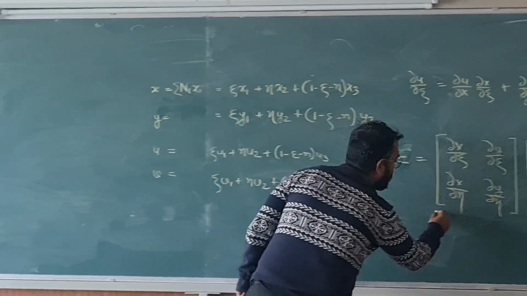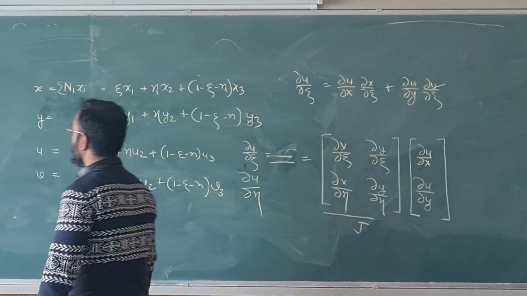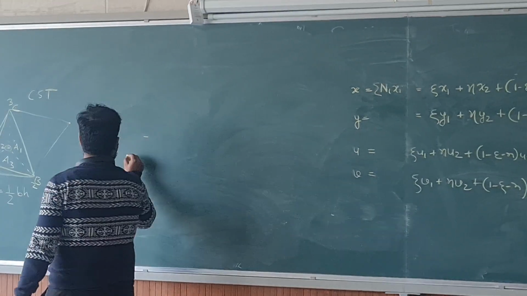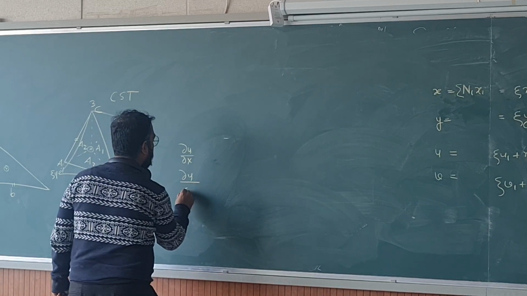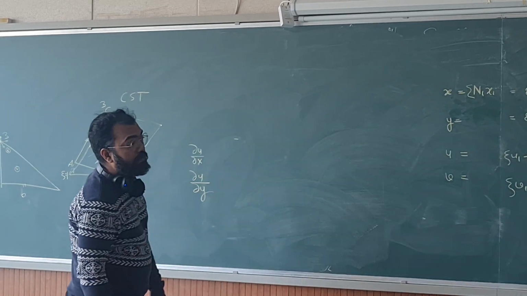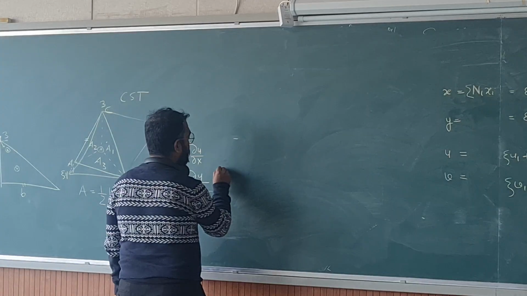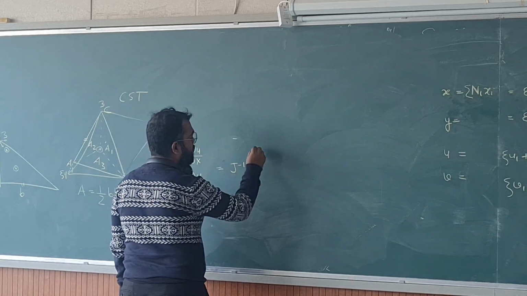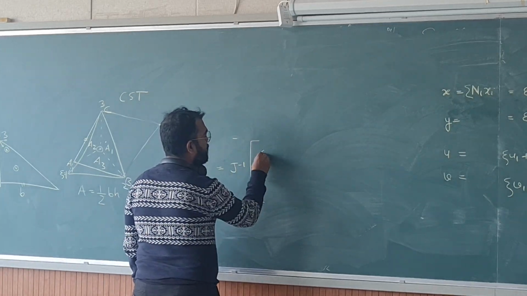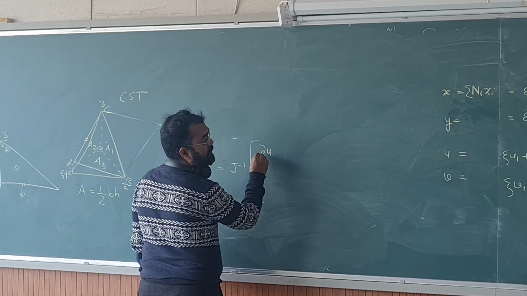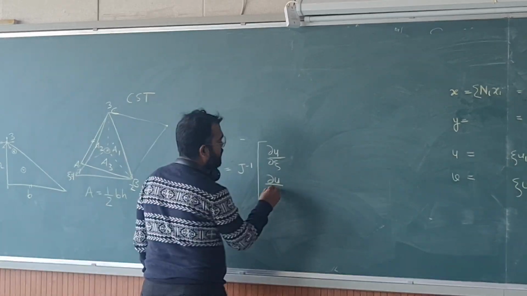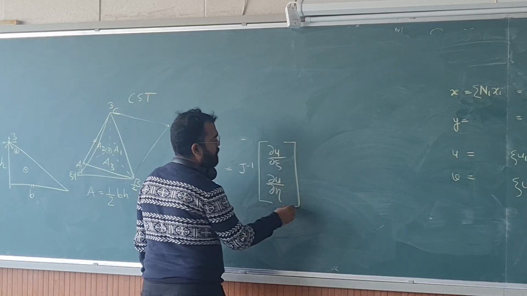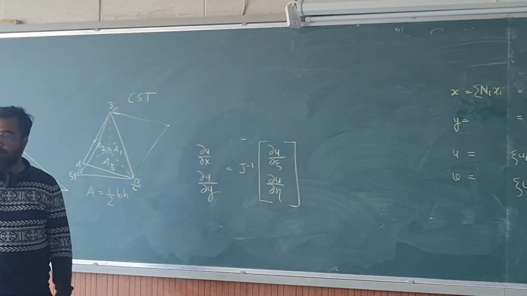So this is the Jacobian. So I'll have del u by del x and del u by del y equal to the inverse of J multiplied by del u by del epsilon and del u by del eta. Okay? Is this okay?